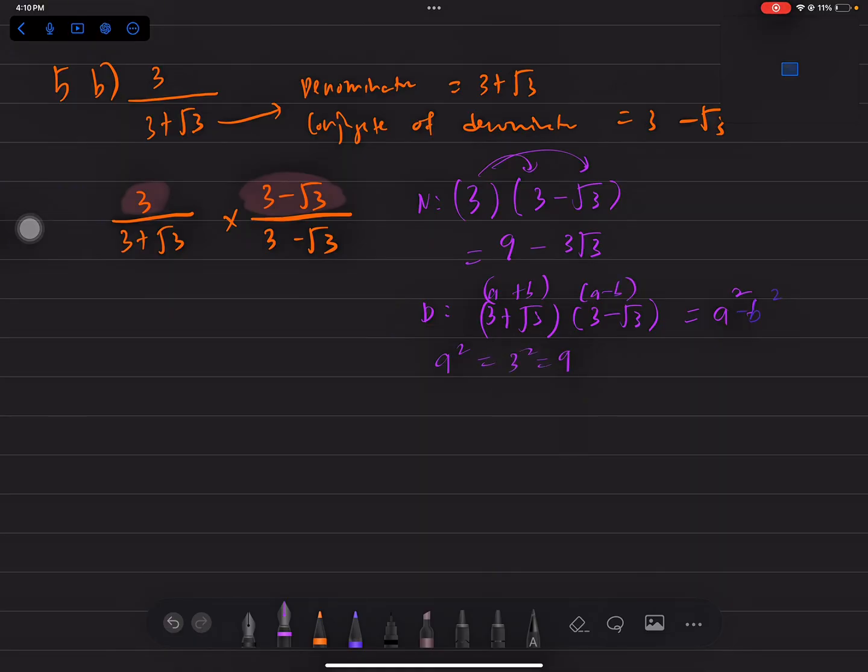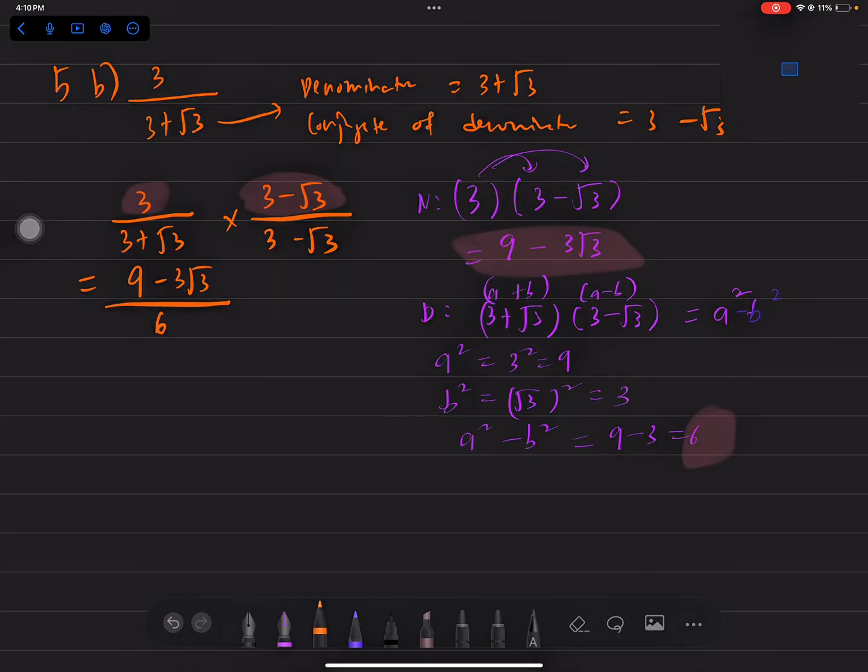B squared is root 3 squared, which is 3. So A squared minus B squared is 9 minus 3, which is 6. So this is the answer for the denominator, and this is the answer for the numerator. So we put them in the original expression: 9 minus 3 root 3 over 6.